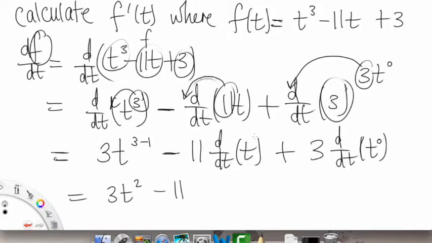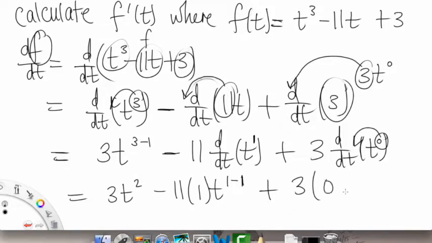Then we have a minus 11, and d dt of t, this is like a t to the 1, so we're going to bring down that 1, and then we'll have t to the 1 minus 1. And then over here, for this last term, we have a 3, and if we bring down this exponent for the coefficient, that would be a 0 times t to the 0 minus 1, and this whole term is going to become a 0 because of this 0.